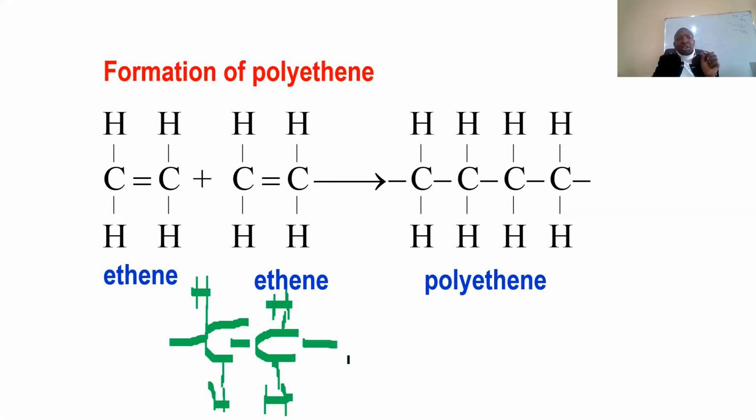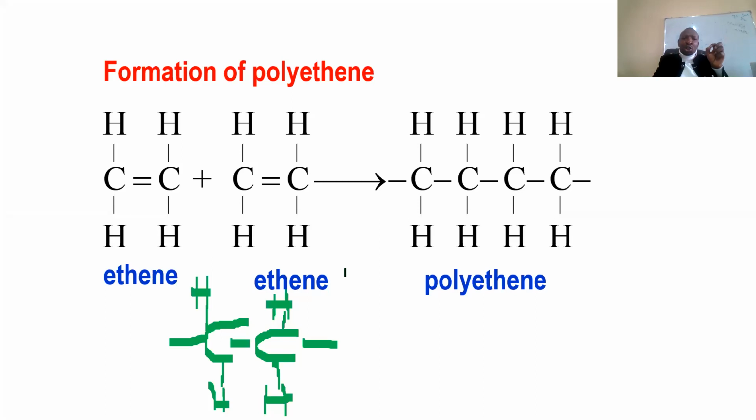This is what you call the repeating unit. So if you are told to draw, look at this. This is the monomer. During polymerization, the double bond breaks into a single bond. Then there are free ends on both sides. And this now becomes the repeating unit.